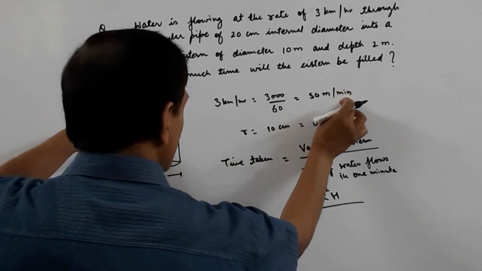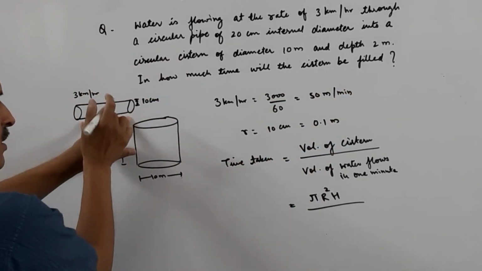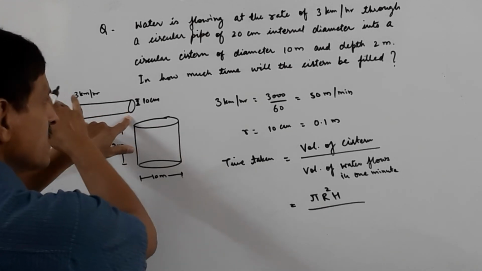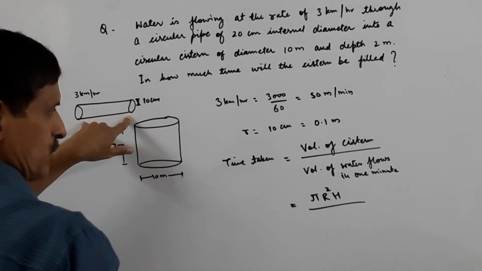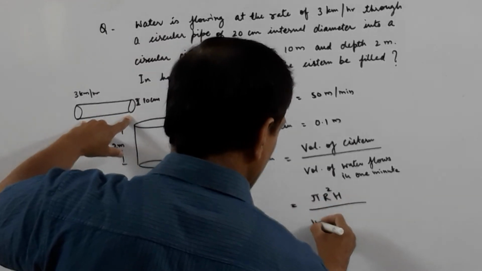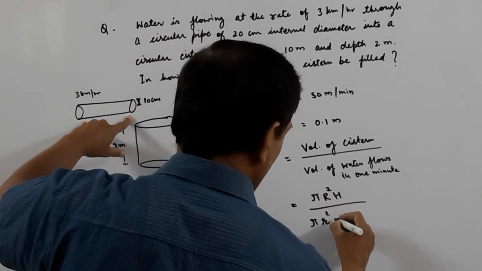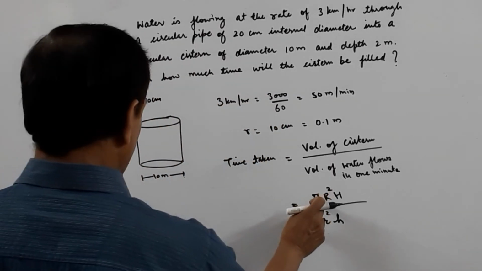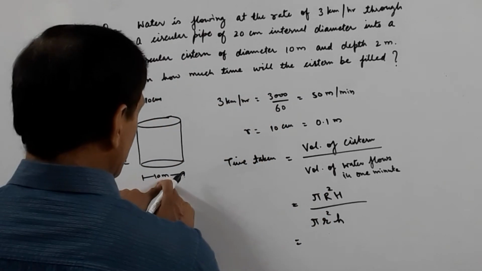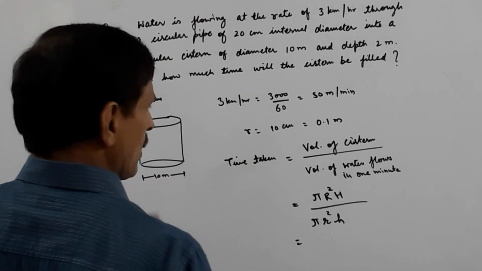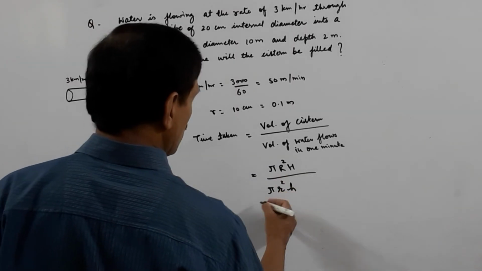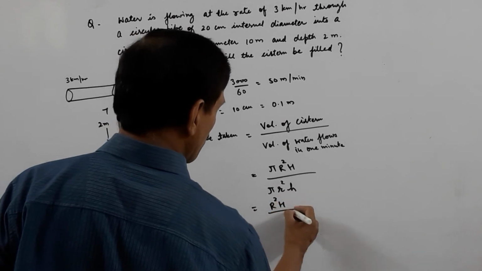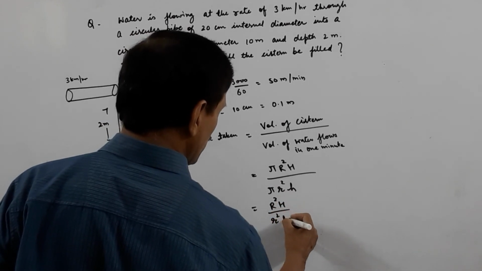So in 1 minute, water in 50 meter length is flowing out. So that is pi r square h. Here the diameter is 10 meter, that is, the radius is 5 meter. Here pi cancels, so R square H upon r square h.